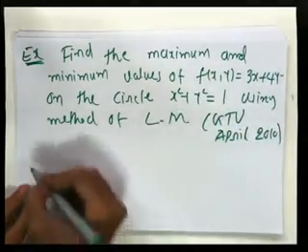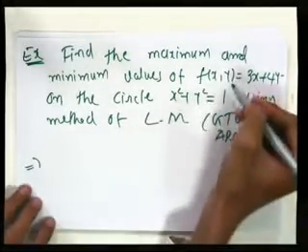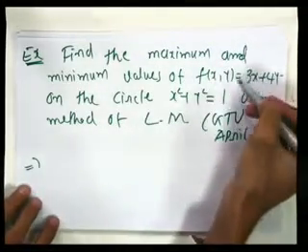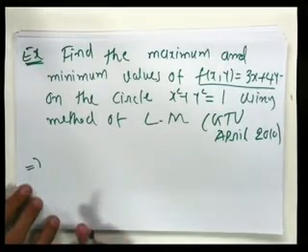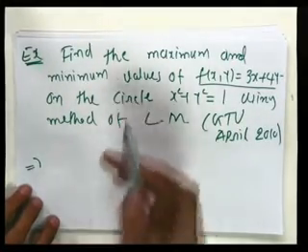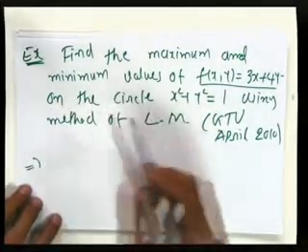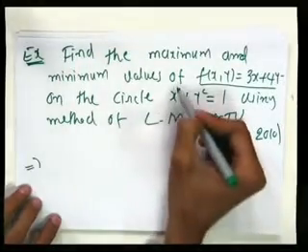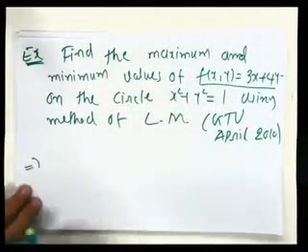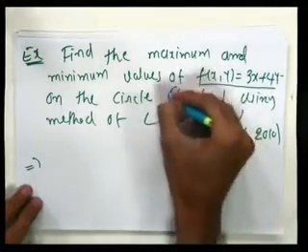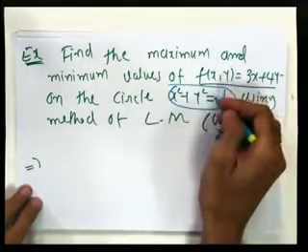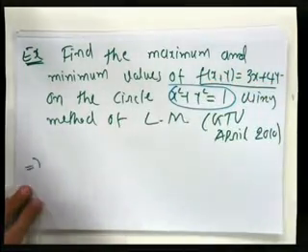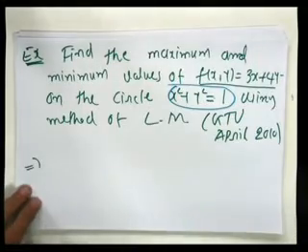So we need to find the maximum and minimum values of this function f(x,y) equal to 3x plus 4y. But we have a constraint here because we want to find these values on this circle x squared plus y squared equal to 1. So this is our constraint; this is f(x,y) and this is our g(x,y). So we will use the Lagrange multiplier method.